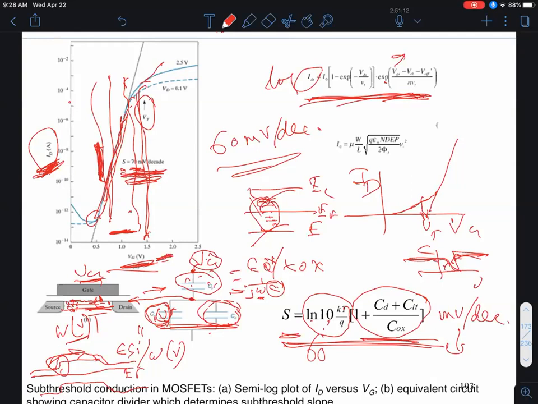Well, to make this whole thing smallest, the best that I can do is to make this term 0, right? Which means a high value of Cox or a low value of this numerator, right? But even if I did that, I'm still stuck with 60 millivolts per decade. What it means is the best theoretical value of the subthreshold slope, the best you can possibly do, is 60 millivolts per decade. You can't do any better than that.